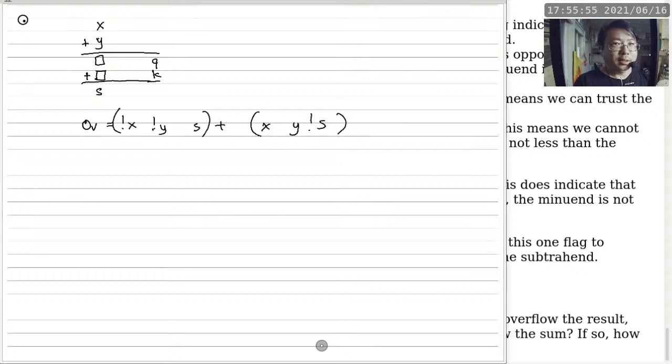So this is the formula to find out whether after an addition, the sum is overflowing. But it is not useful for comparison. It's just that for addition, there's a different way to define the overflow.